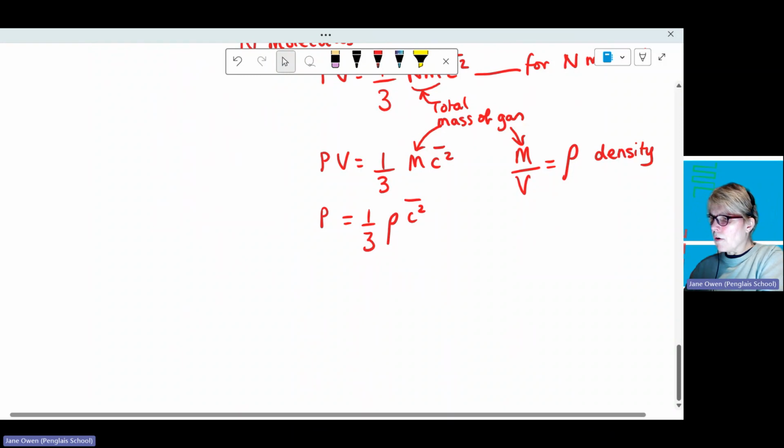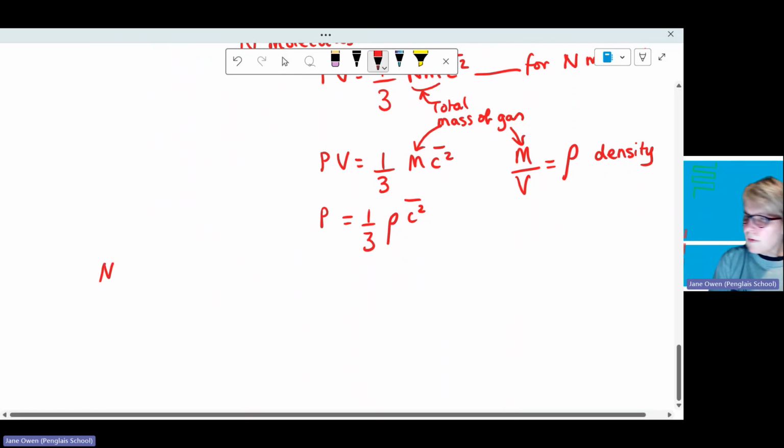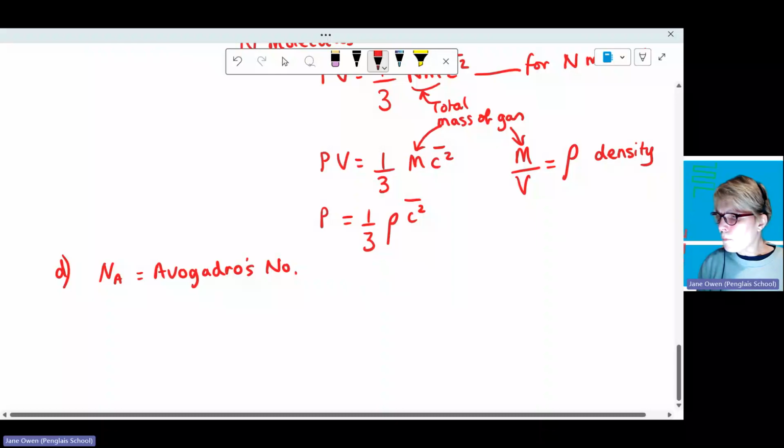Okay, so let's move on from part B and C and go on to Avogadro's number. Now, I have touched on this. Avogadro's number is given by capital N. So this is part D now. Capital N A is Avogadro's number, and that is very, very specific.